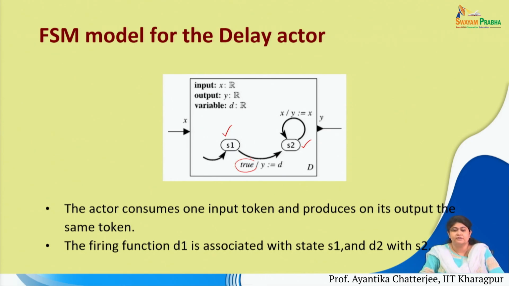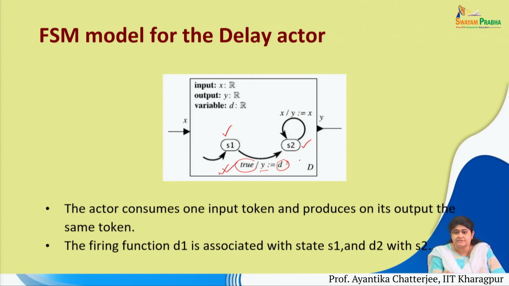For example, let us say we produce the delay for a certain number of global clock ticks. We measure the ticks, and when a particular number of ticks have passed, this condition is satisfied. Then we set the output y equal to d, the delay parameter value, and there is a transition from S1 to S2.